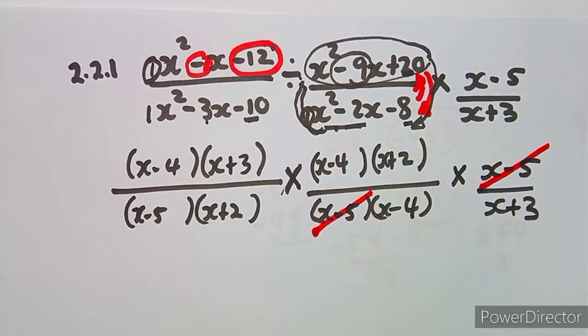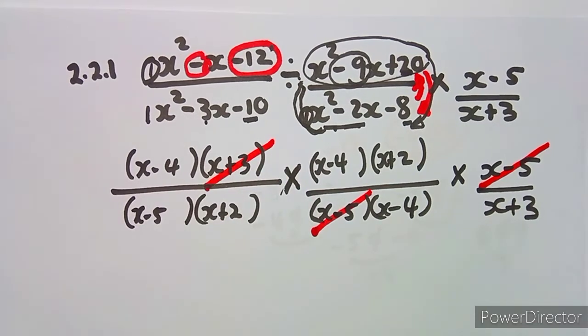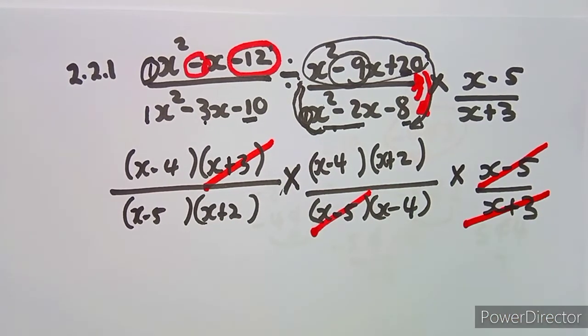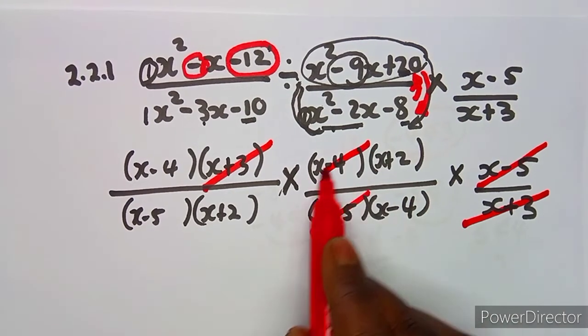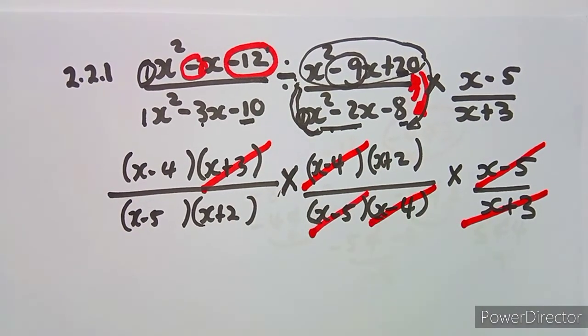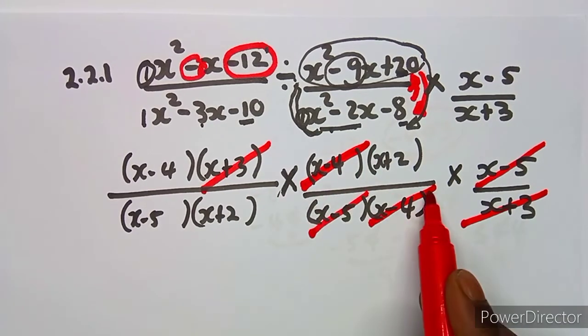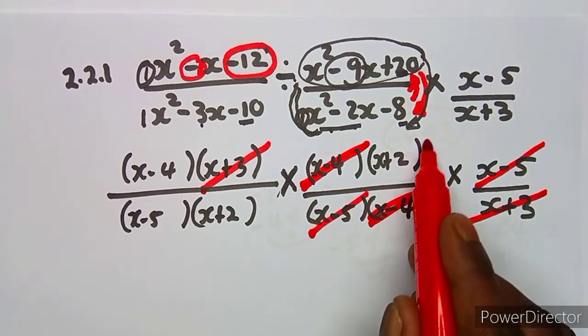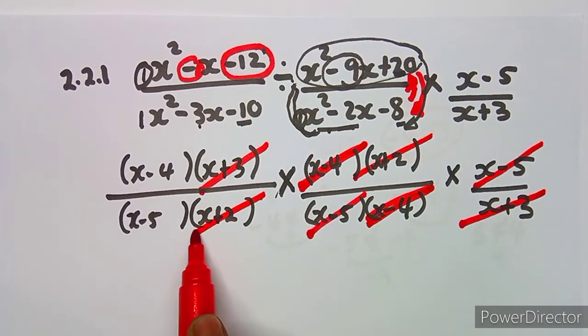We have got x plus 3 here in the numerator, x plus 3 in the denominator here. Which else we have got: x minus 4 and x minus 4. We have got x plus 2.